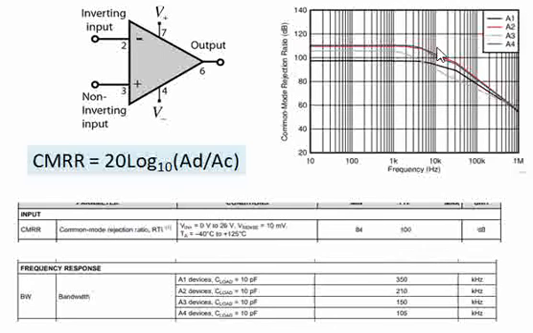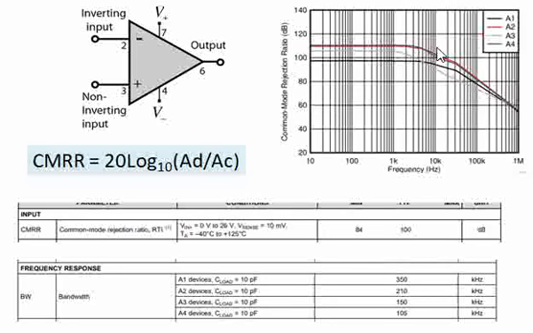The formula for calculating CMRR is 20 log10 of differential gain divided by common mode gain. As we say, the differential mode gain should be as high as possible and the common mode gain as low as possible. So ultimately CMRR should be infinite in an ideal op-amp, but in reality it is not infinite. It could be some value.